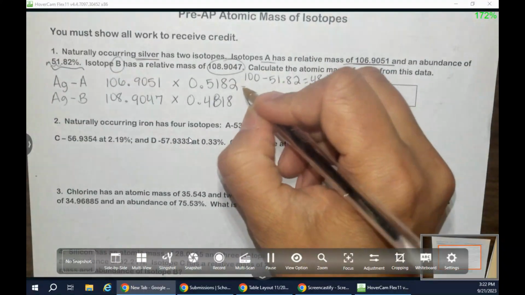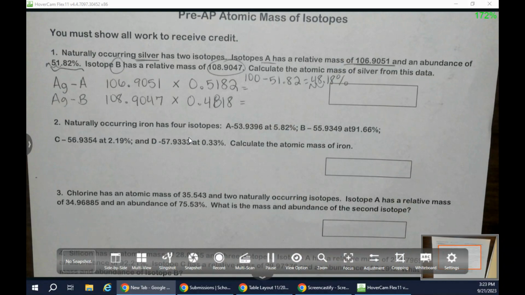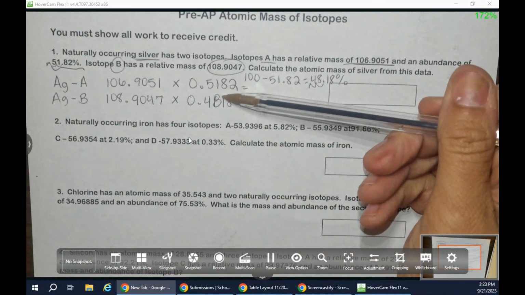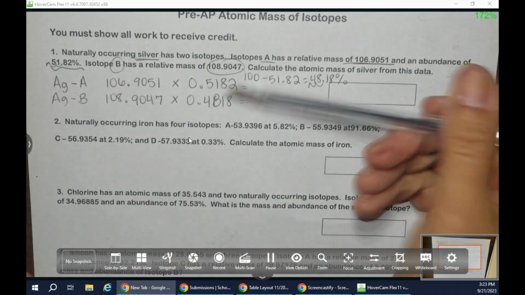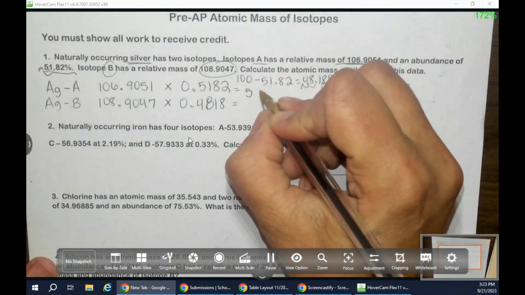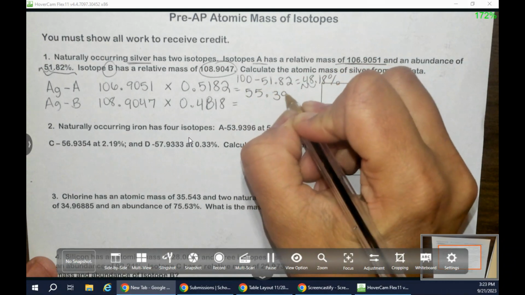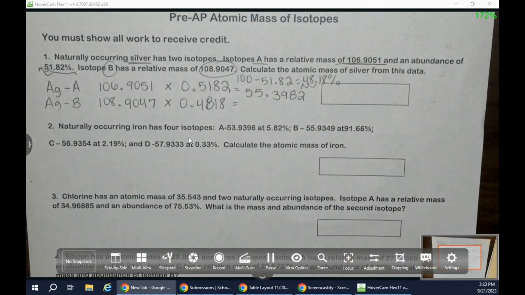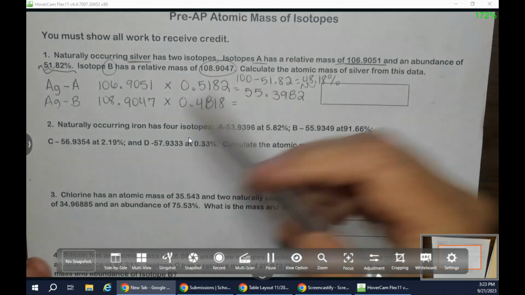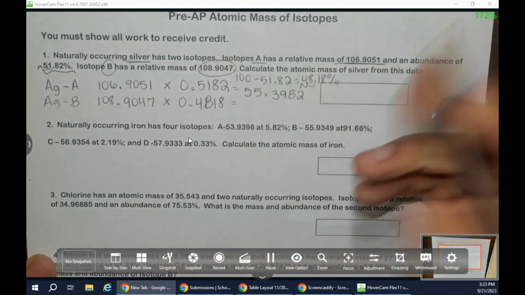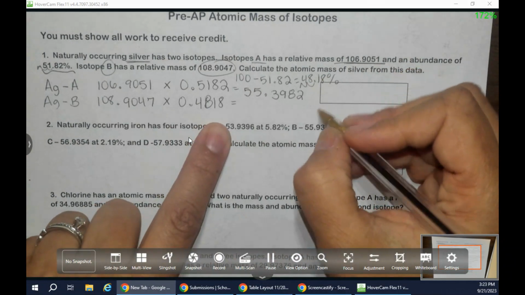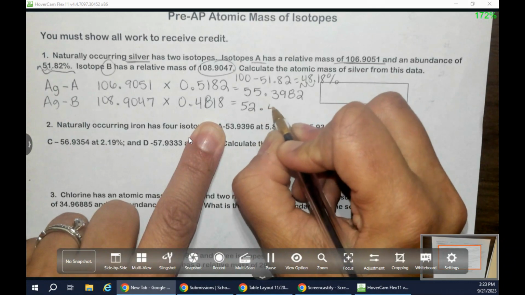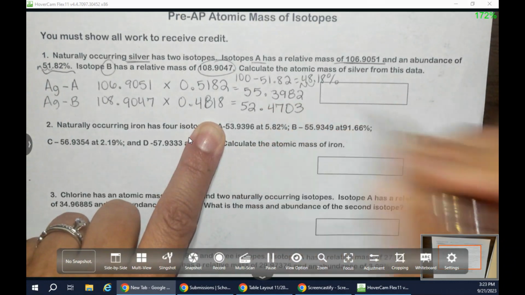I'm going to type those into my calculator. Big number times this, right? When I typed it in, I got 55.3982. I went all the way to the 4th decimal place. I think there were more than that, but I'm keeping it consistent with what was in the question. The other one, when I typed it in, I got 52.4703.